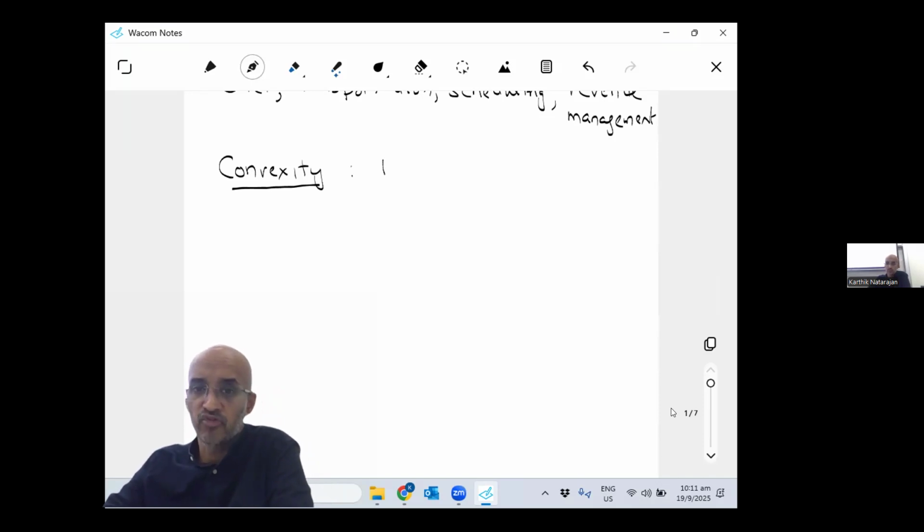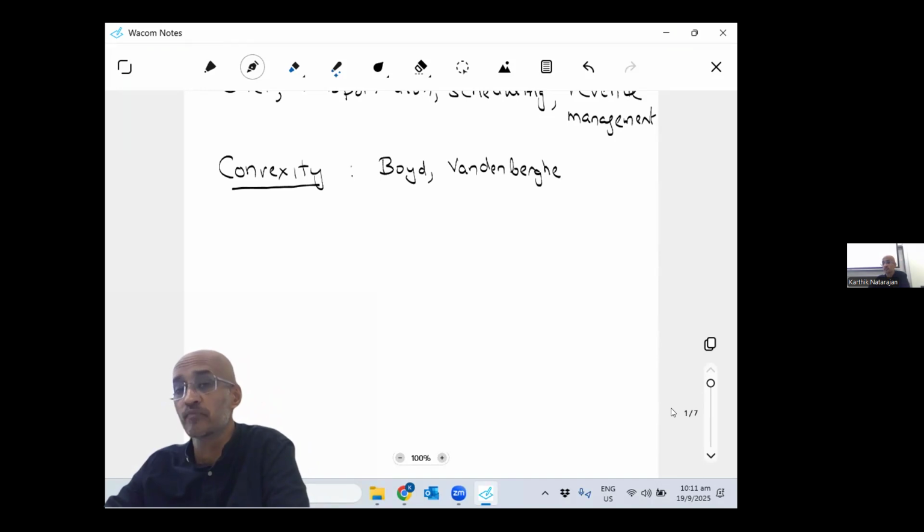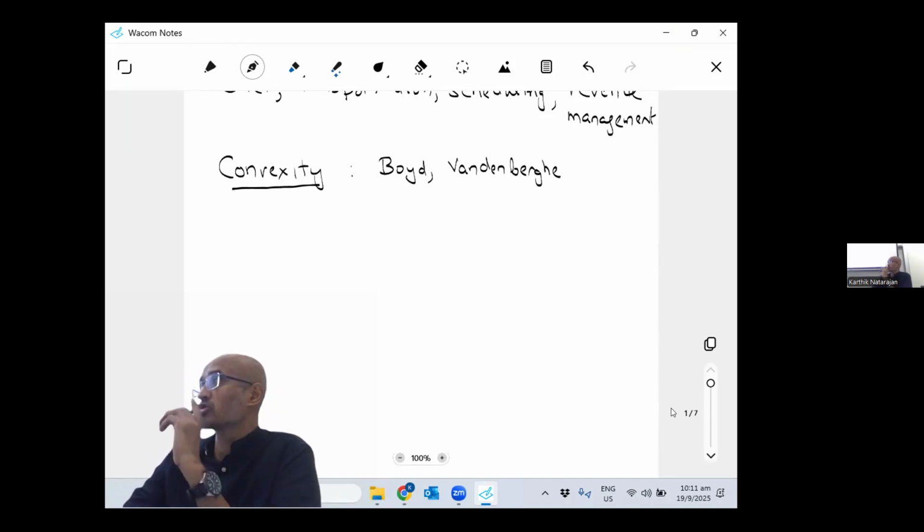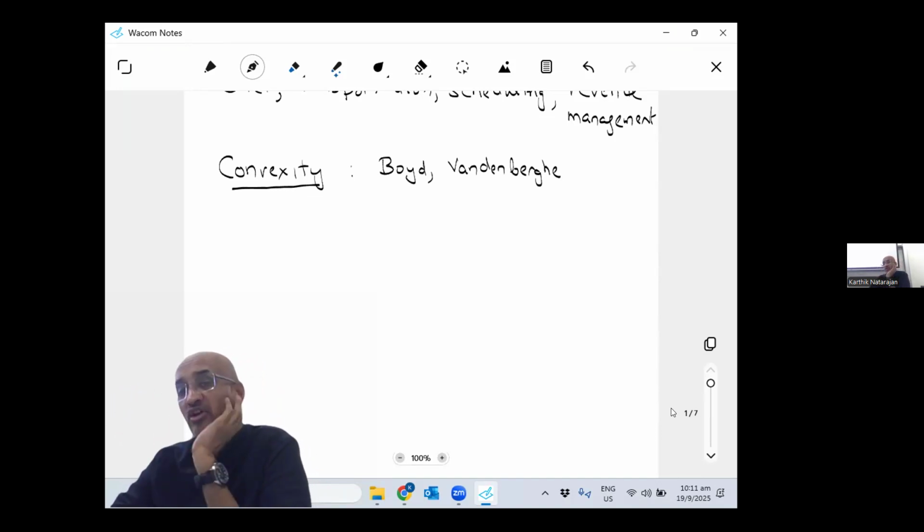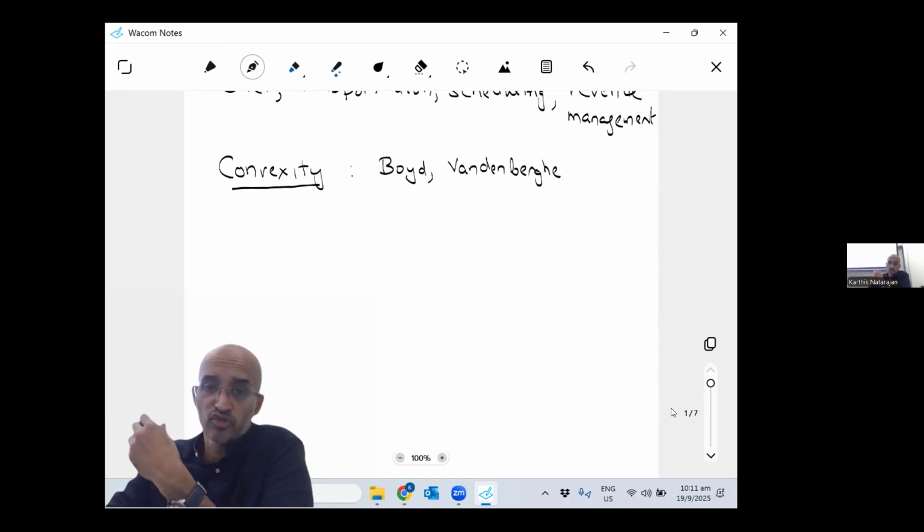There's a book by Stephen Boyd and Lieven Vandenberghe called Convex Optimization. It's a good book that talks about convex optimization broadly and many applications of it. It's very accessible for engineering students. There are of course other books which are more mathematical in flavor, such as the book by Terry Rockafellar.